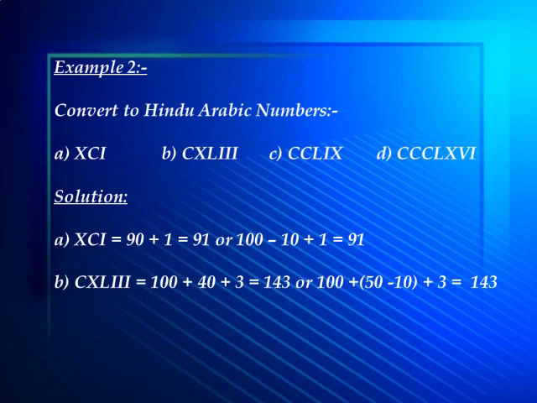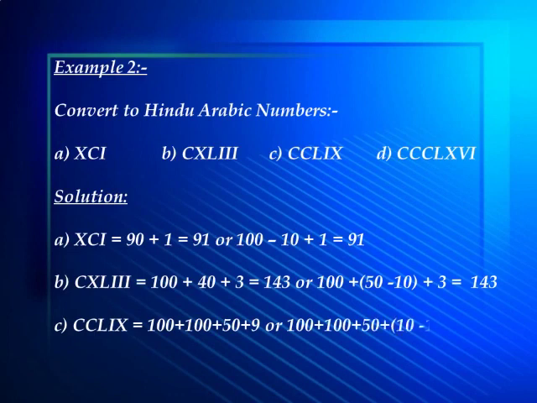Take the next one, CCLIX. Here, what is the value for C? It is 100. Then what is the value of C again? It is 100. Then L is 50. IX means what? It is 9. So 100 plus 100 plus 50 plus 9 is 259. Otherwise, for 9, how do you write? 10 minus 1, it is 9.